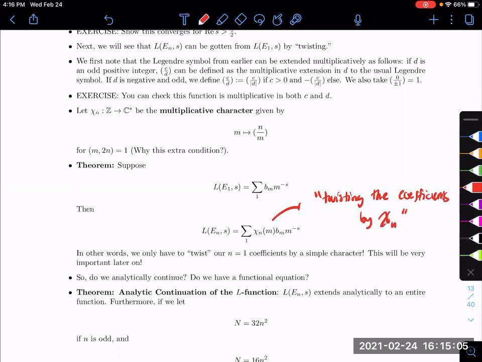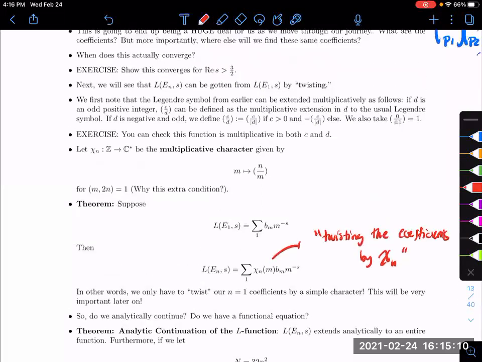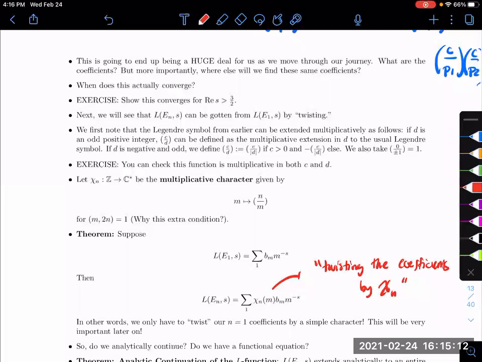Okay. And so that's great. We've kind of addressed two issues right off the bat. Does our L function ever converge? Yes, it converges on our right half plane. And then do we continue this trend of once we know things about n equals 1, do we know things about bigger values of n automatically? And the answer is yes.